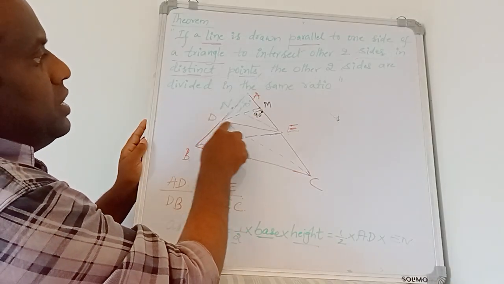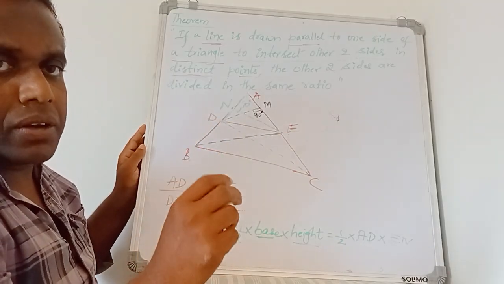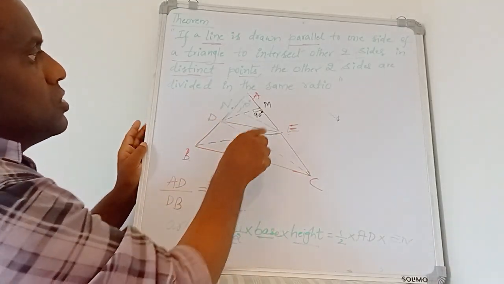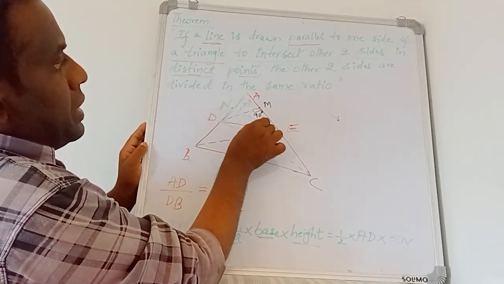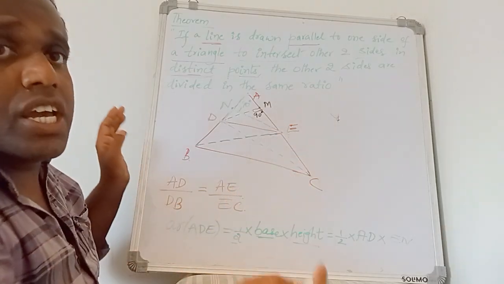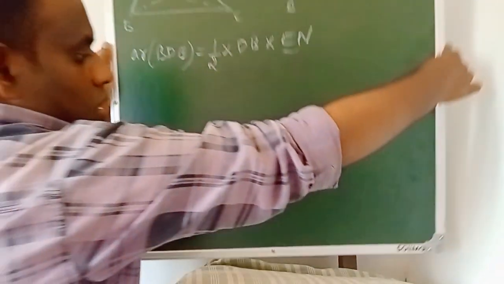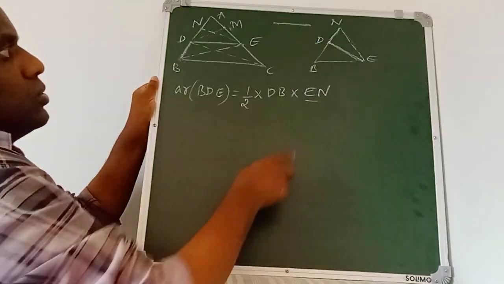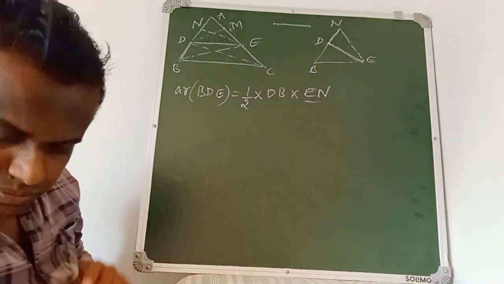Since DE, BE and BD are not perpendicular, they are somewhat bent. So if we extend this BD here, we will get the perpendicular line EN. So EN will become the height. That's why I have taken EN as the height.